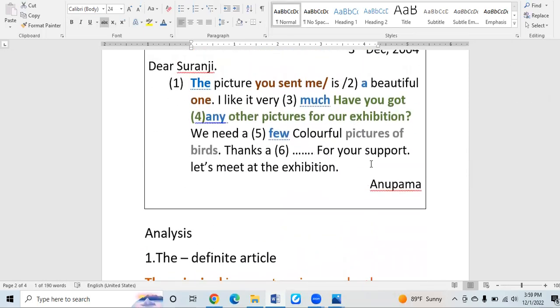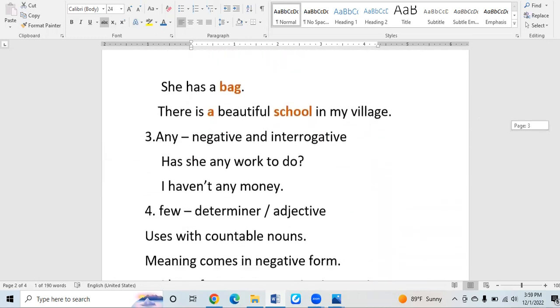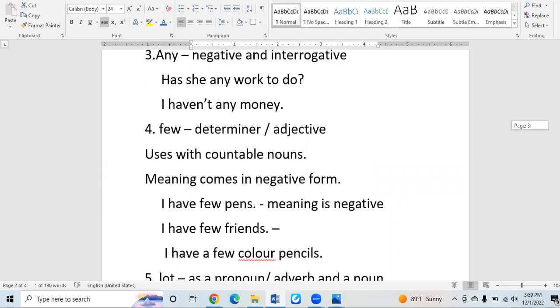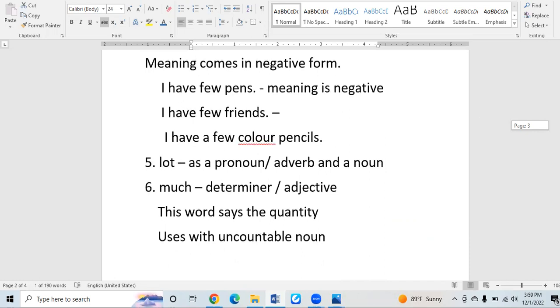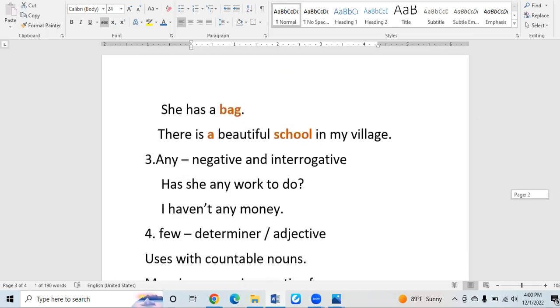"Thanks a lot for your support." "Thanks a lot." In a great deal, you're thanking that person. In a great deal, I told you, whenever you are using "a lot" as a noun, you can consider that you are thanking the person or you are telling something in a great deal. Okay.